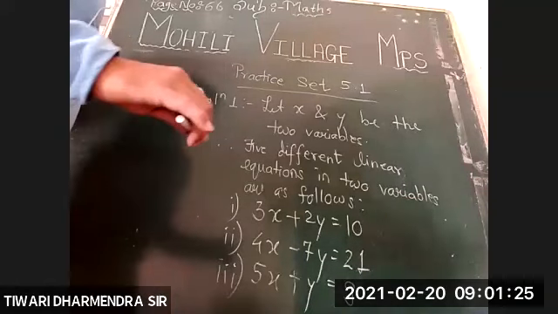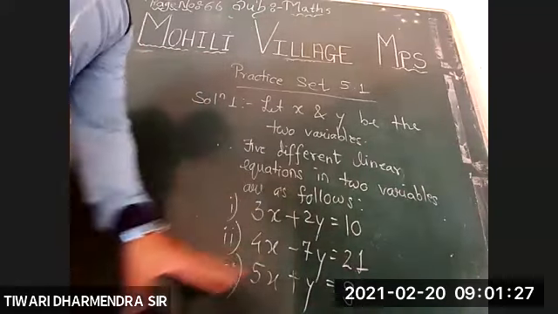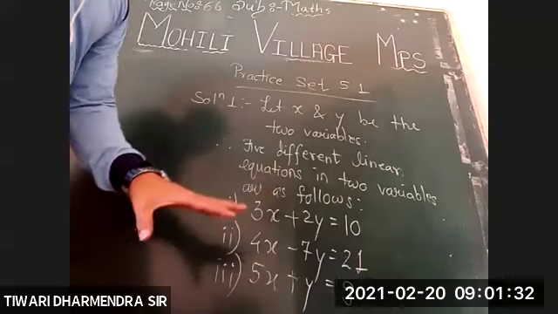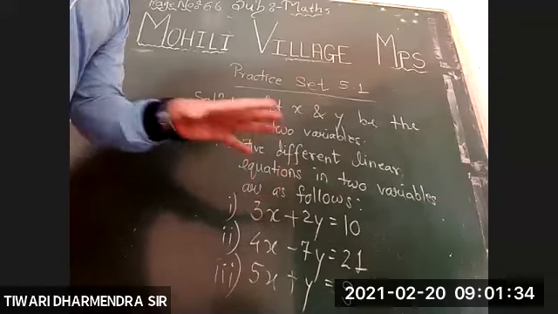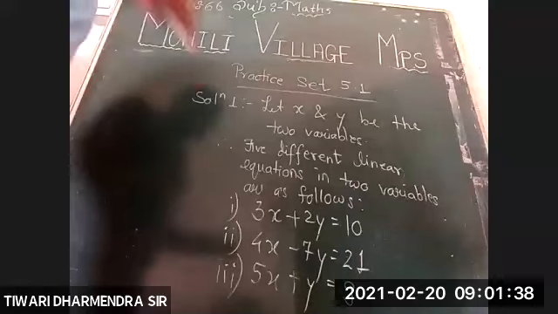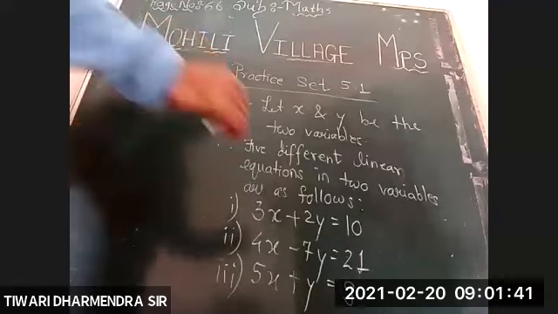It's not compulsory. I'm repeating it again and again that whatever I am writing, you should write. But you should be able to create the linear equation in two variables by yourself. This is an example, just a helping hand so that you can understand.